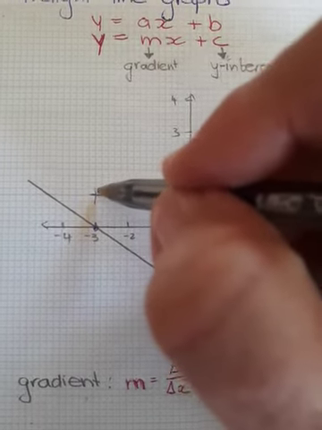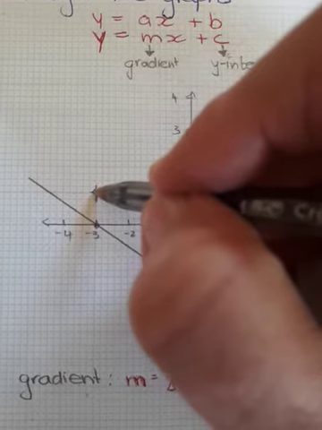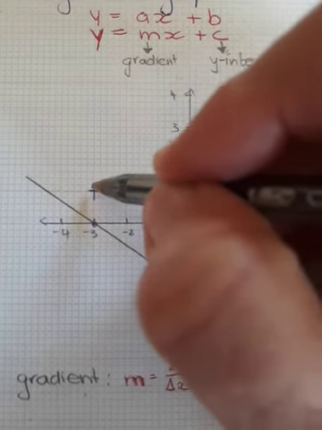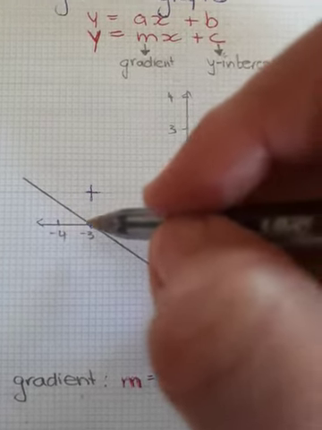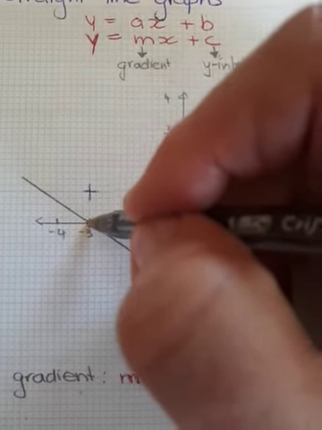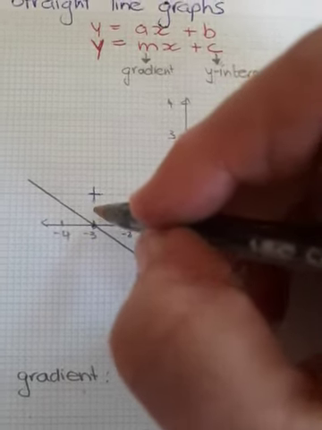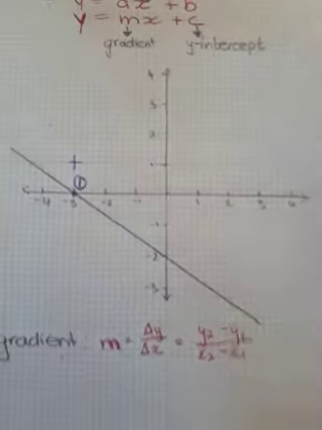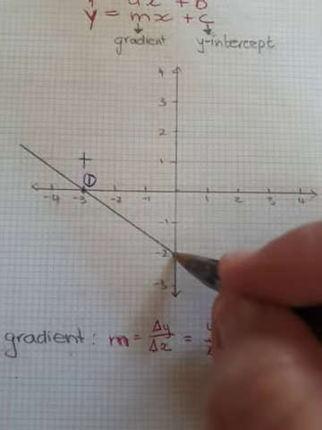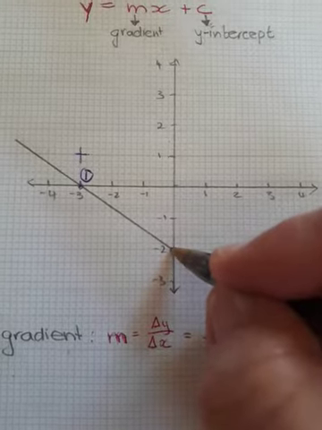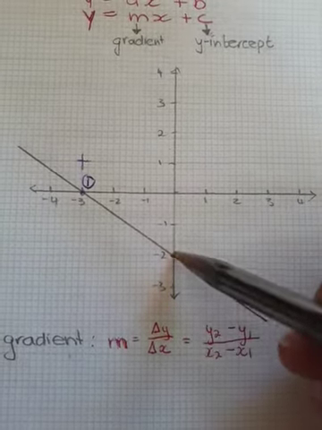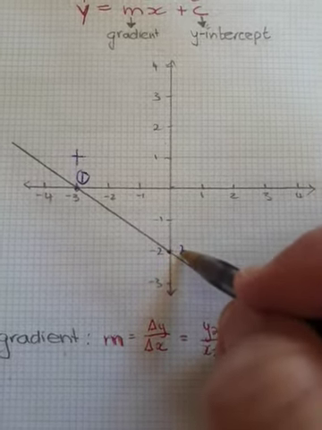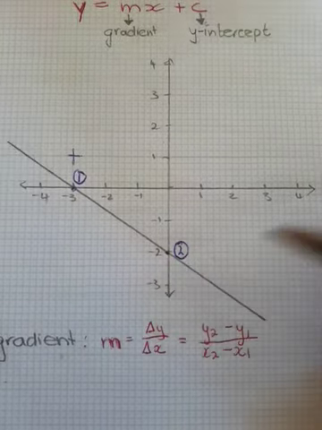I mean that it crosses exactly there and not in between anywhere, because then it's very difficult to read off the coordinate. So this I'm going to call coordinate 1. And where it cuts the y-axis is always the easiest to choose, the x and the y-axis. I'm going to call that coordinate 2.